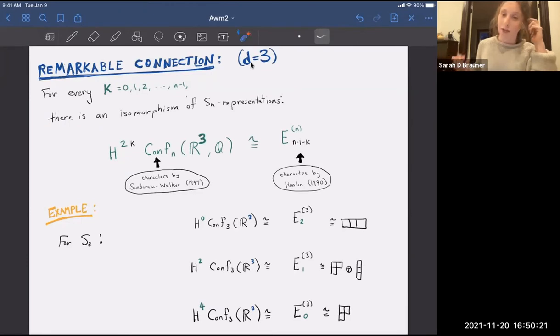So the sort of remarkable connection between these configuration spaces and Eulerian representations is that for every k where this cohomology is non-zero, each graded piece of this cohomology ring is exactly described by an Eulerian representation. So here's what this looks like in S3. So this information we already knew. The sort of new information is that I'm actually describing pieces of a cohomology ring.